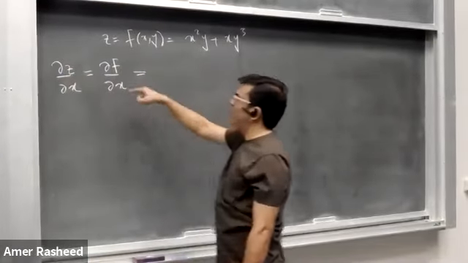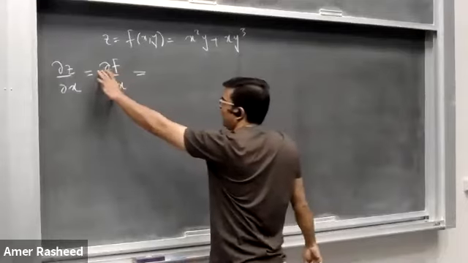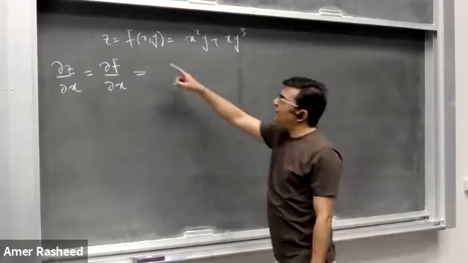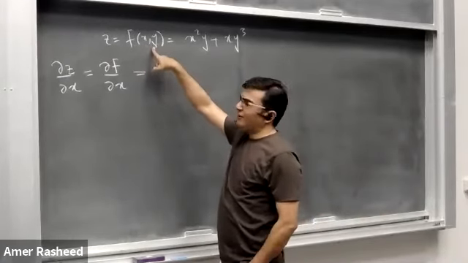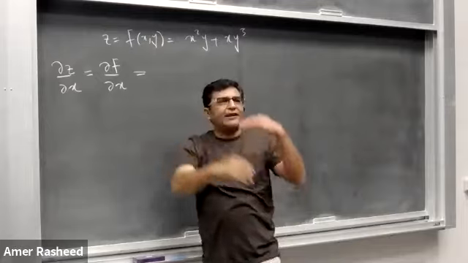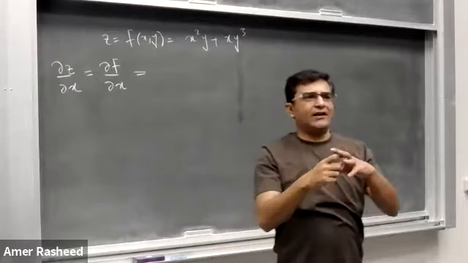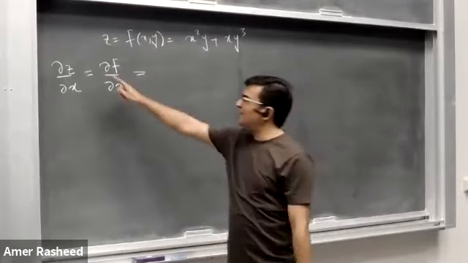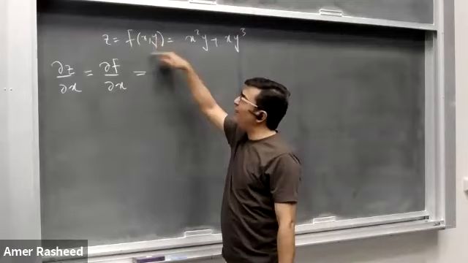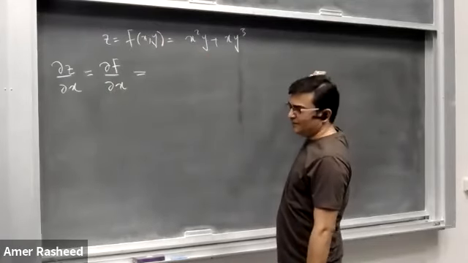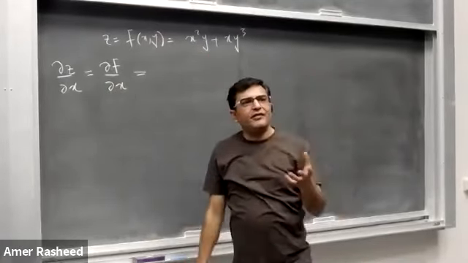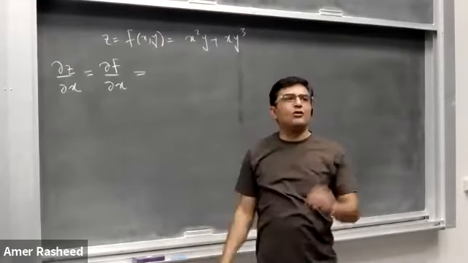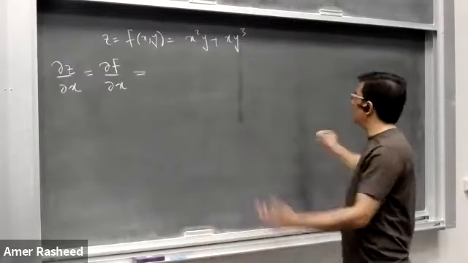What will be partial f over partial x? Partial means the derivative in one direction. As there are two independent variables, the rate of change could be calculated in two directions, either in the x direction or in the y direction. So what is this partial f over partial x? It is the rate of change of this function only in the x direction. If we are considering change in the x direction, then y will remain constant. I hope you know that.